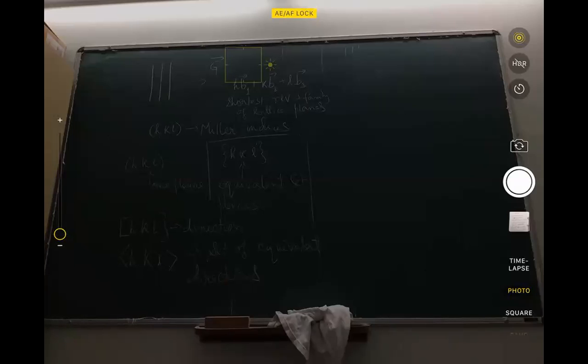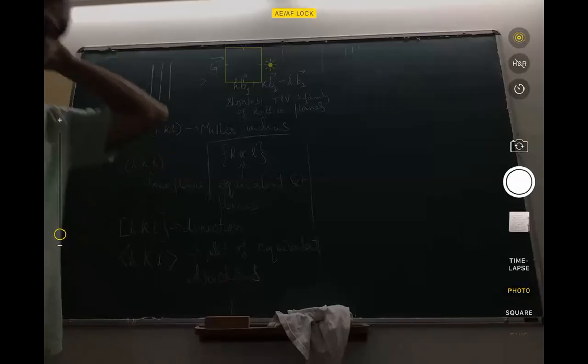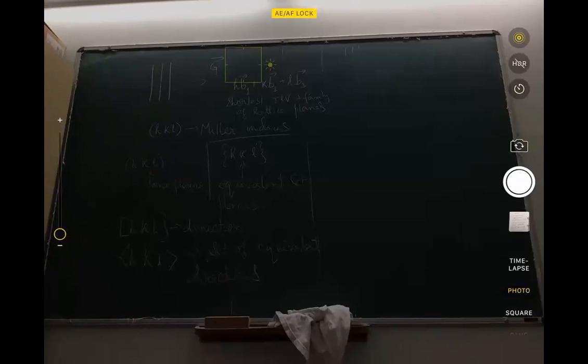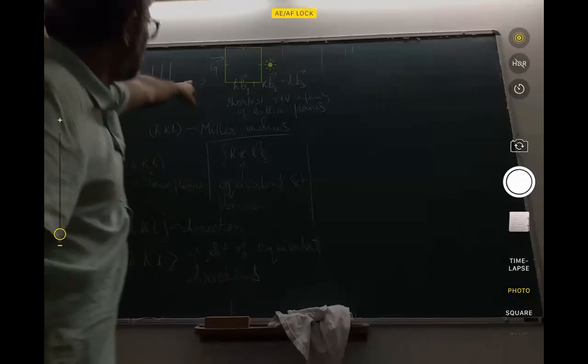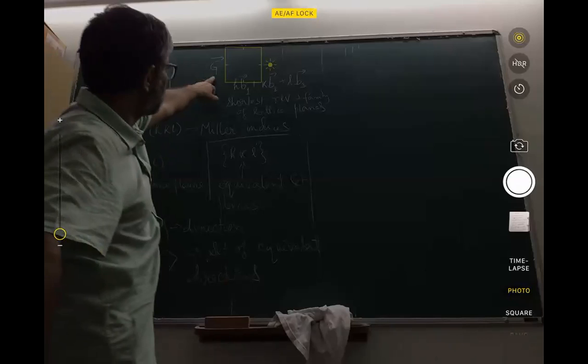So let us try to understand. These are Miller indices, fine. But as I said, this comes from the shortest reciprocal lattice vector perpendicular to this family of planes.